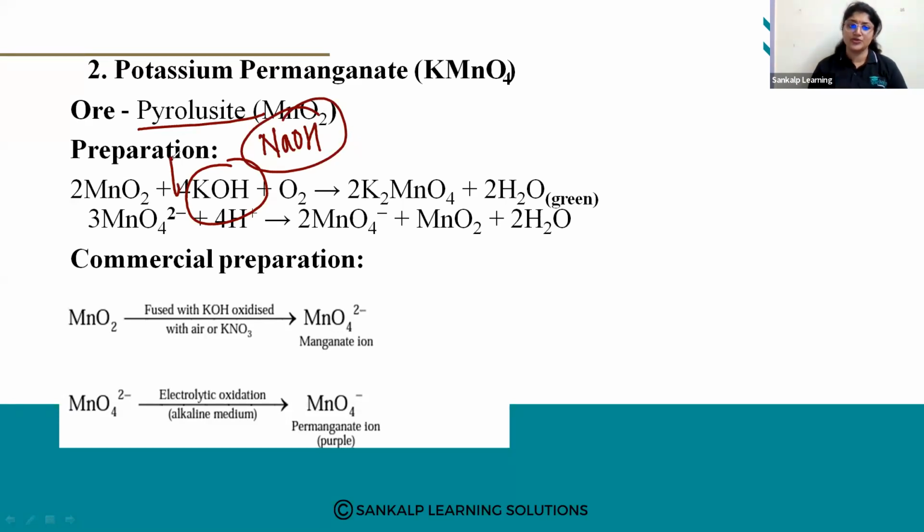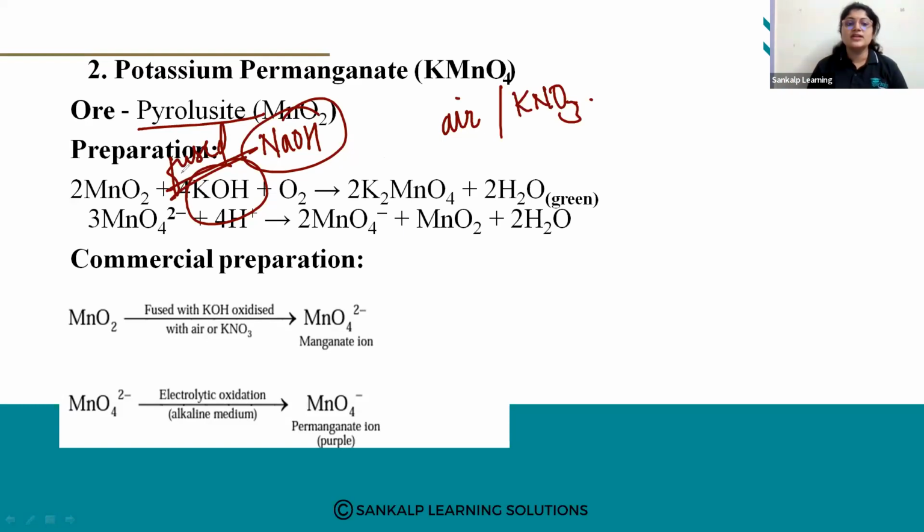You are going to fuse your MnO2, that is pyrolusite, with a base, either potassium hydroxide or sodium hydroxide, and an oxidizing agent. As the oxidizing agent you can make use of continuous air, or KNO3, potassium nitrate.